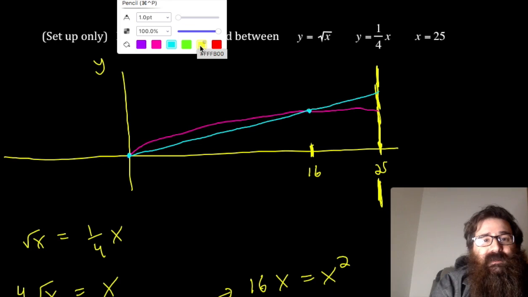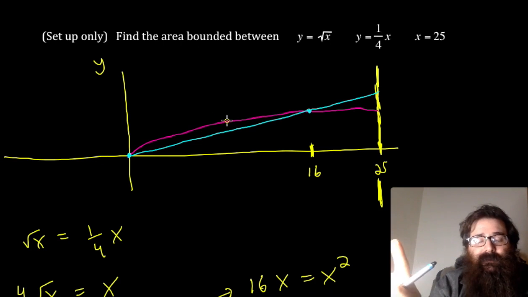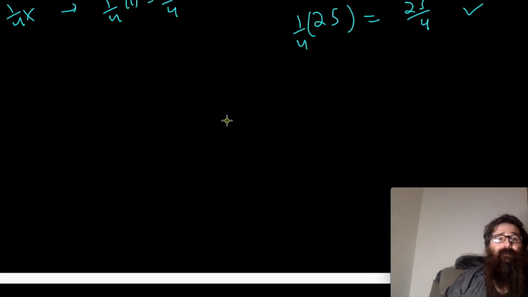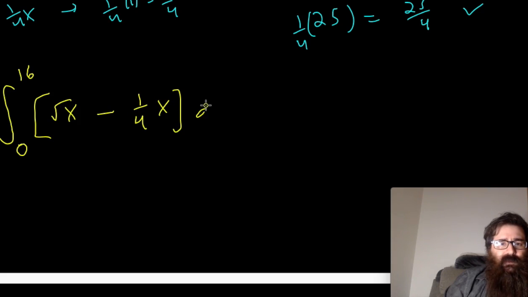So in order to set this up, we're going to need two separate integrals. For our setup, we want to integrate first from 0 to 16, and for that, the upper function was square root of x minus the lower function 1/4 x, with respect to x.